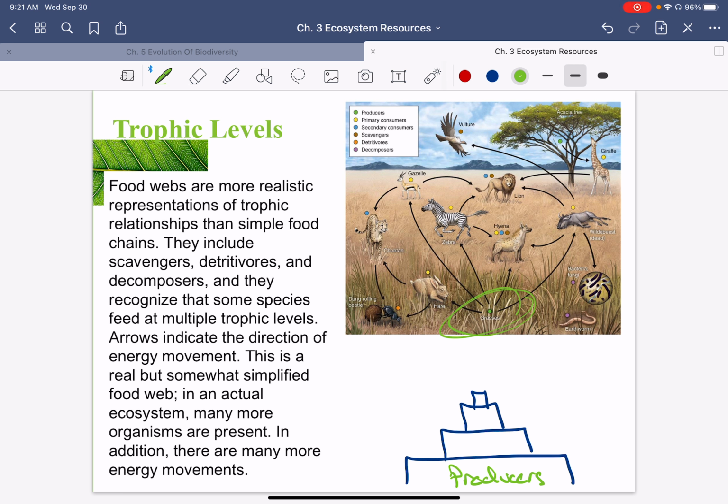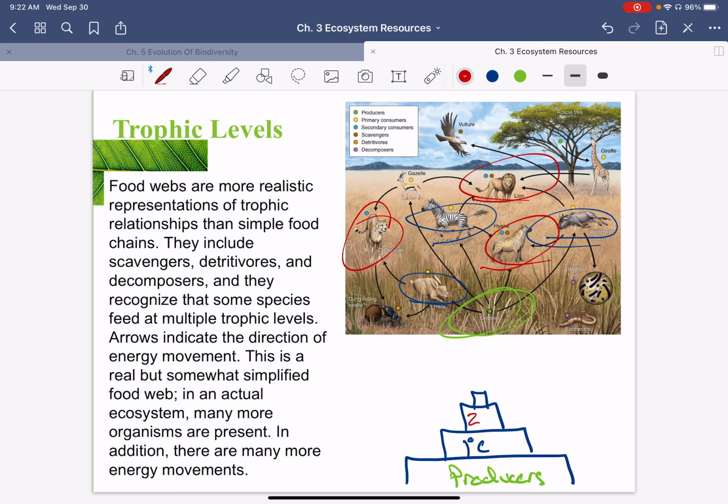And then you have primary consumers that eat some of those things like rabbits or hares, or zebras, or I guess wildebeests. Okay, great. And then you have secondary consumers, and these are typically higher predators, like cheetahs, and like lions, and hyenas, certainly.